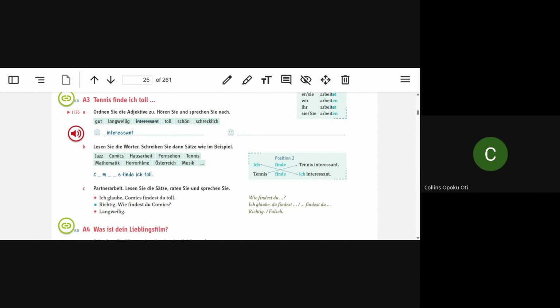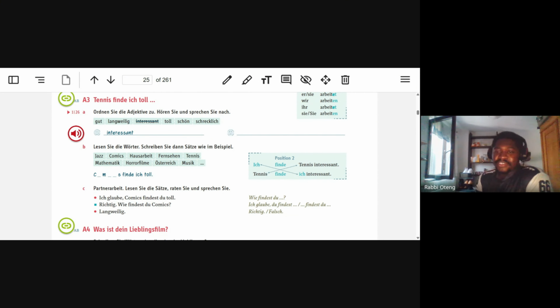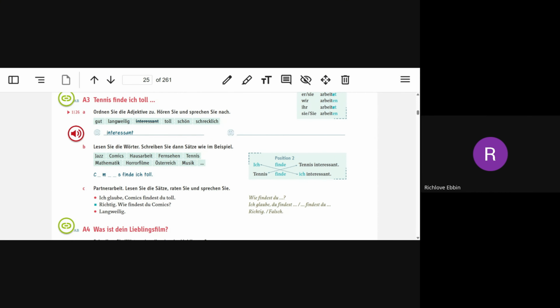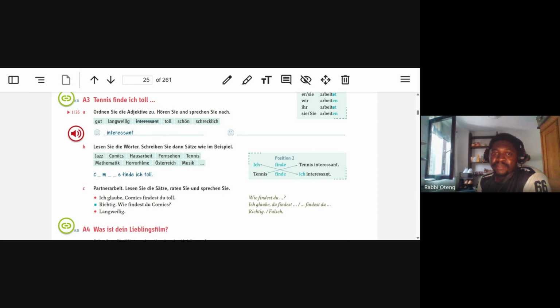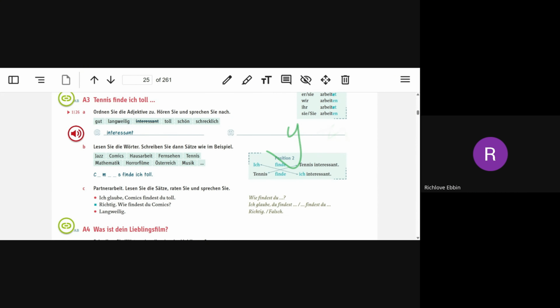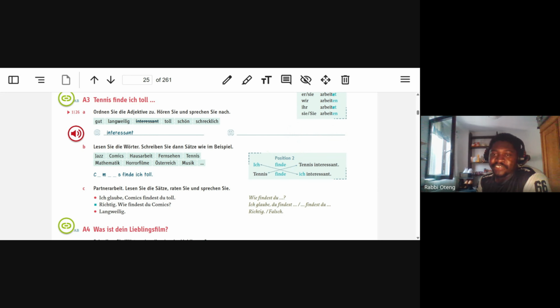Okay. Rich Love, you're next. My first sentence: Annette findet Jazz langweilig. Should I continue? Instead of finden, you can use glauben. So Annette believes. You can use glauben and you conjugate it using the verb.